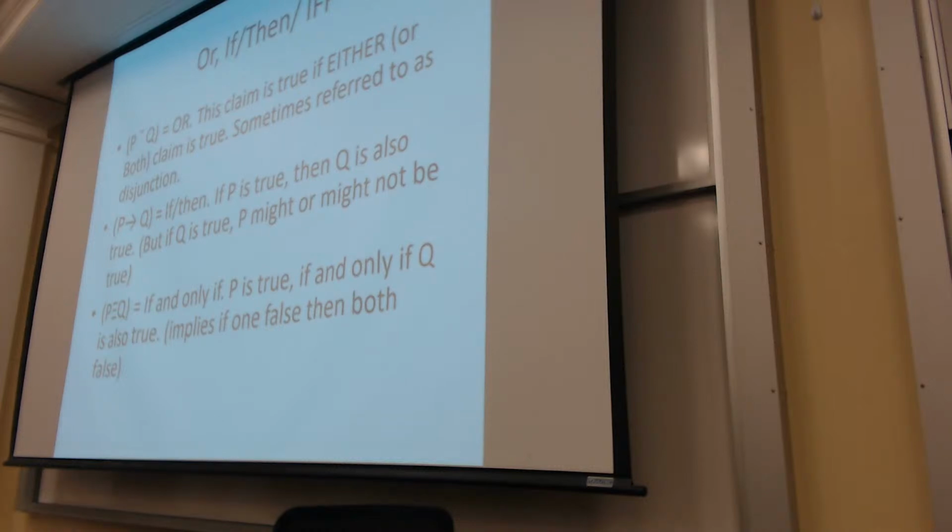So here's what's confusing to most people about the if-then. What is the value of the arrow statement when the first half of the statement is false? So if-then sounds like this: if you get above a 92, then you'll get an A in Philosophy 205.